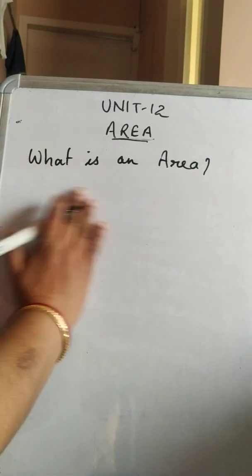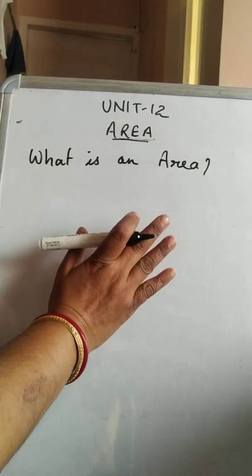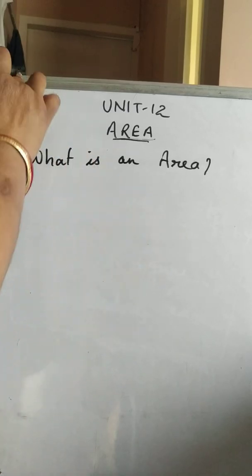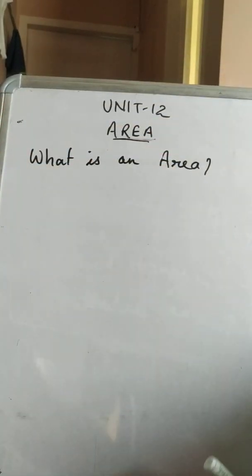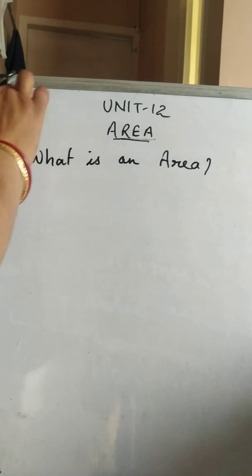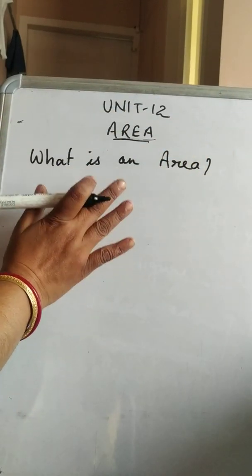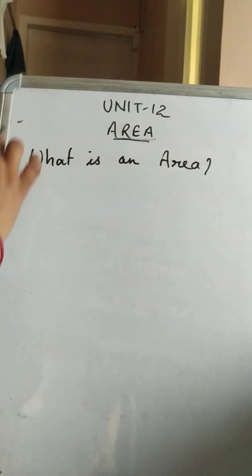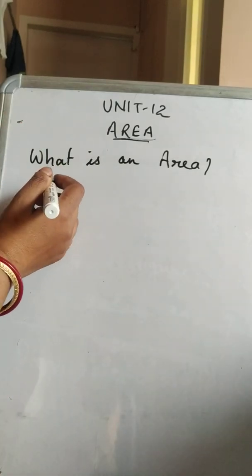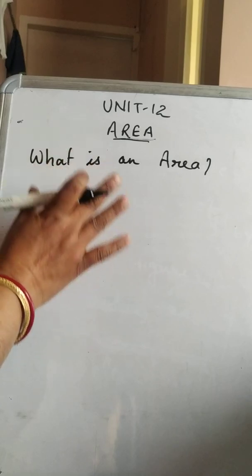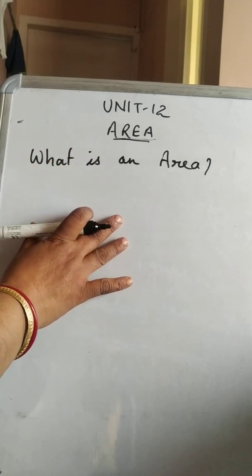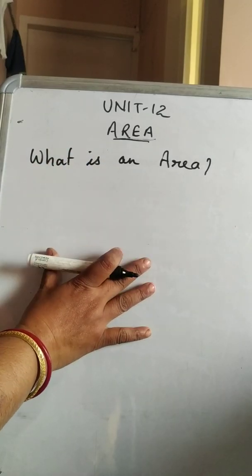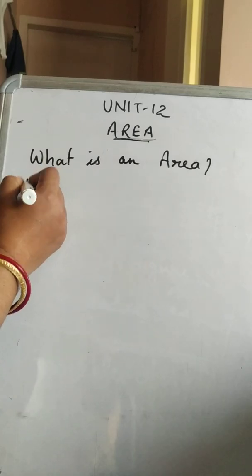The surface which is enclosed by this closed figure, this figure is a rectangle. The surface enclosed by a closed figure, that is called area. So the measure of that surface which is enclosed by a closed figure is called an area.